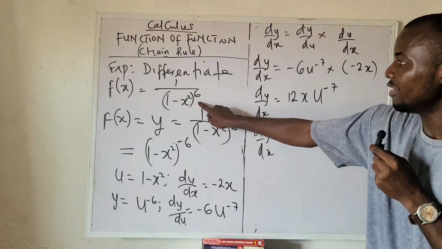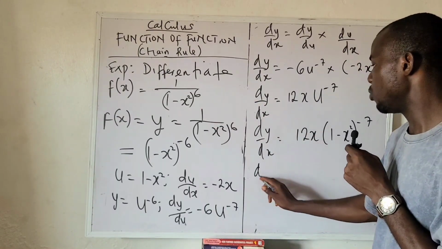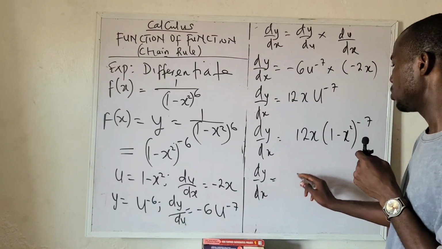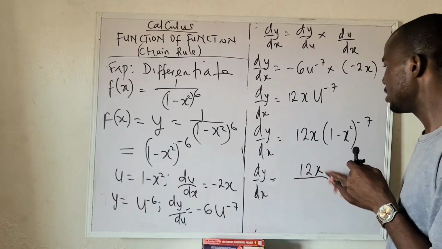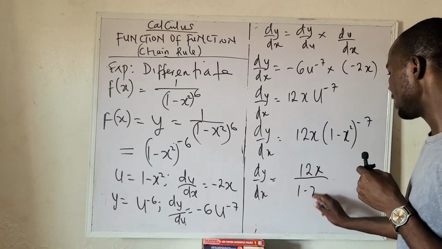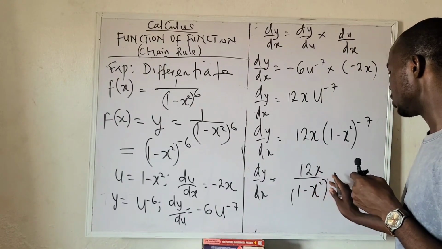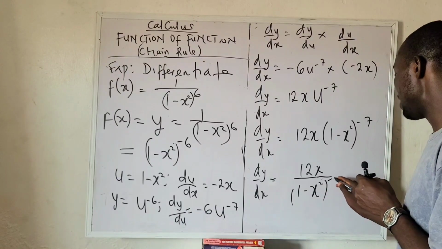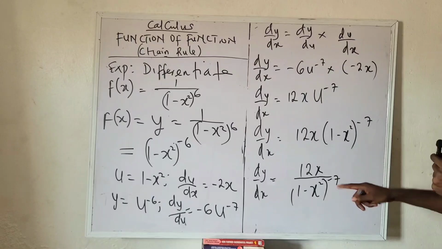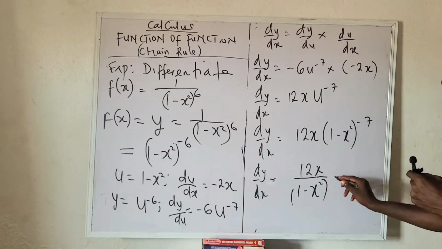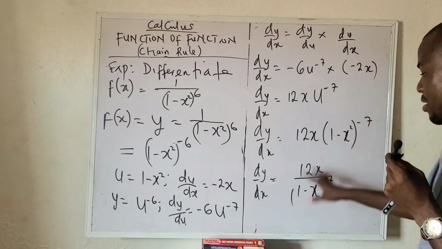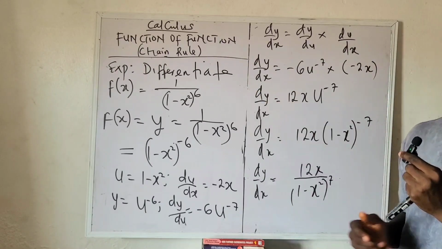And then you can put it in the form of a fraction and say your dy over dx equals 12x as the numerator, and then you have 1 minus x squared raised to the power 7. Remember that the minus means 1 over. This is what you are going to get, and that is our answer to the question.